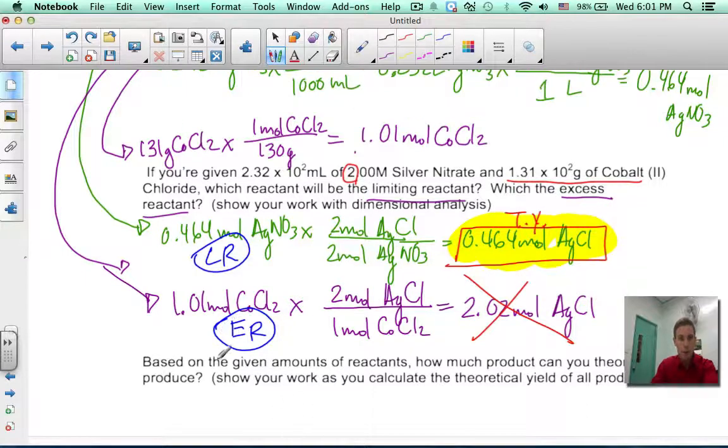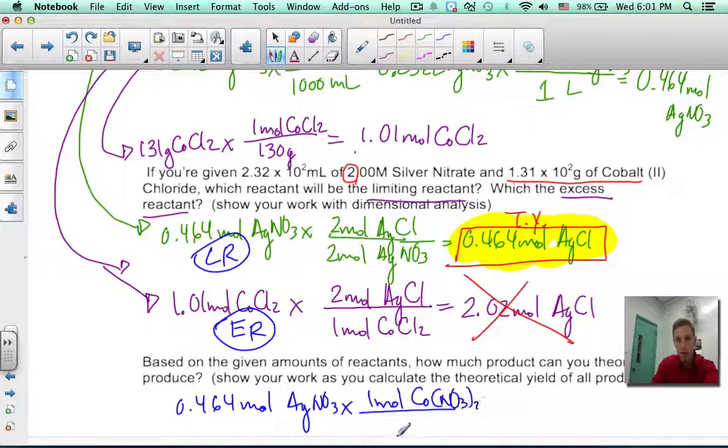There we go. So if I had 0.464 moles of the limiting reactant, which was the silver nitrate, and I converted it into the cobalt nitrate, there was 1 mole of cobalt 2 nitrate for every 2 moles of the silver nitrate.